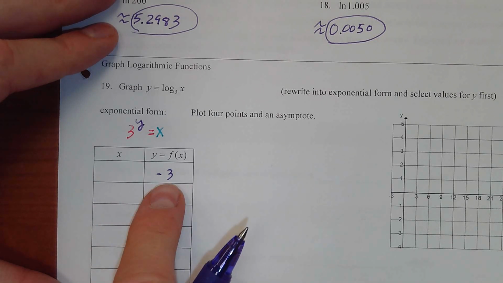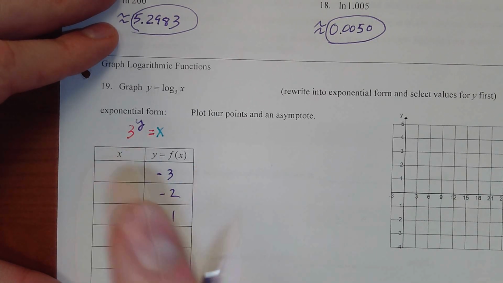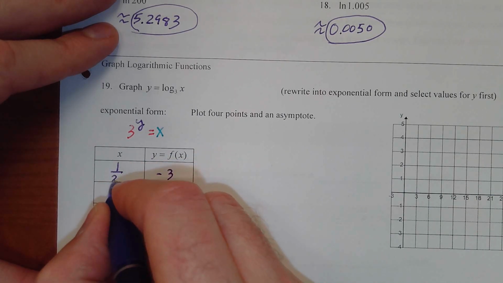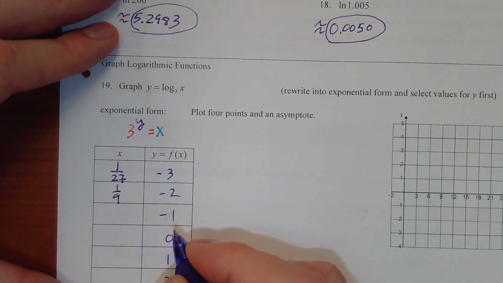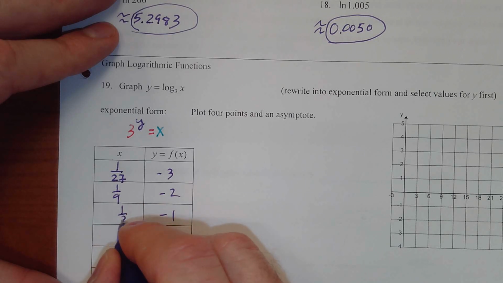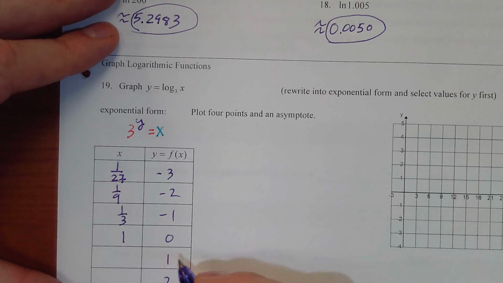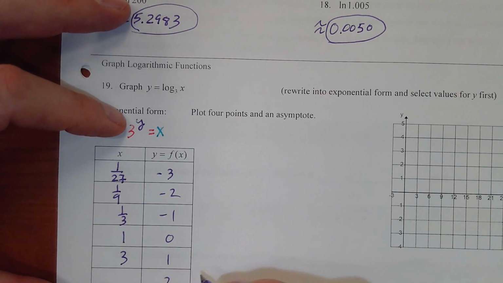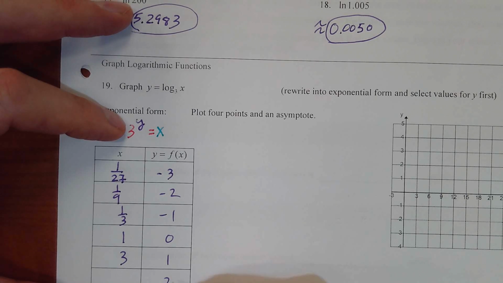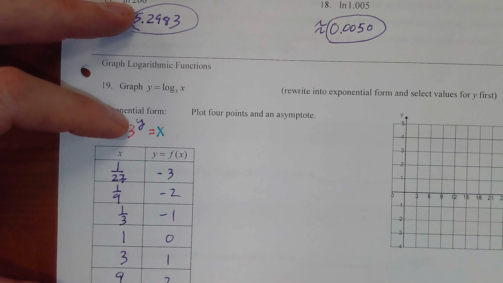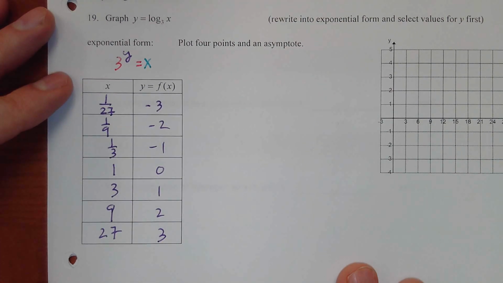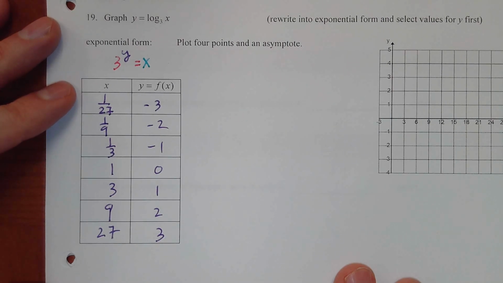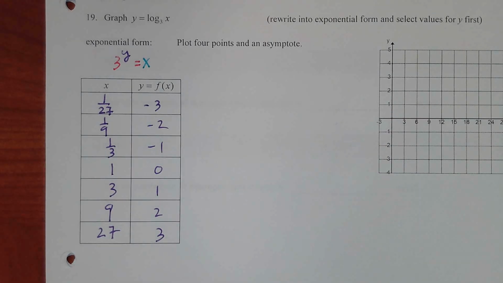Then 3 to the negative 3 is 1 over 27. 3 to negative 2 is 1/9. 3 to negative 1 is 1/3. 3 to 0 is 1. 3 to the first is 3. 3 to the second is 9. And 3 to the third is 27. So I'm just plugging this in here. It seems kind of backwards, I know, but it's what they want us to do.